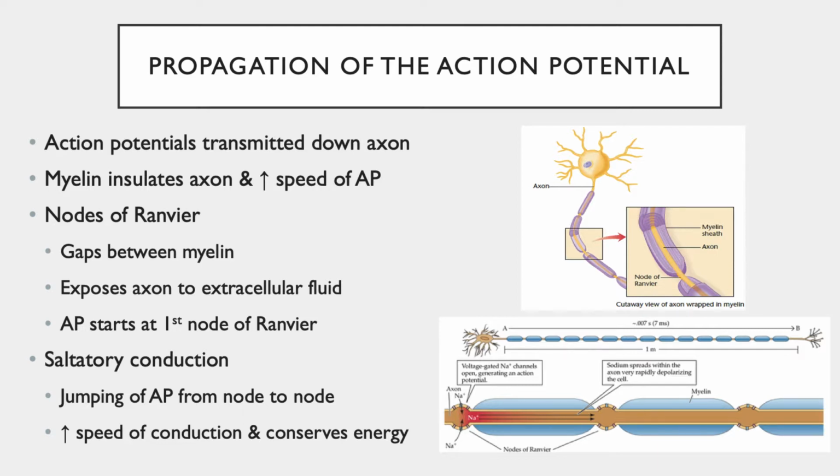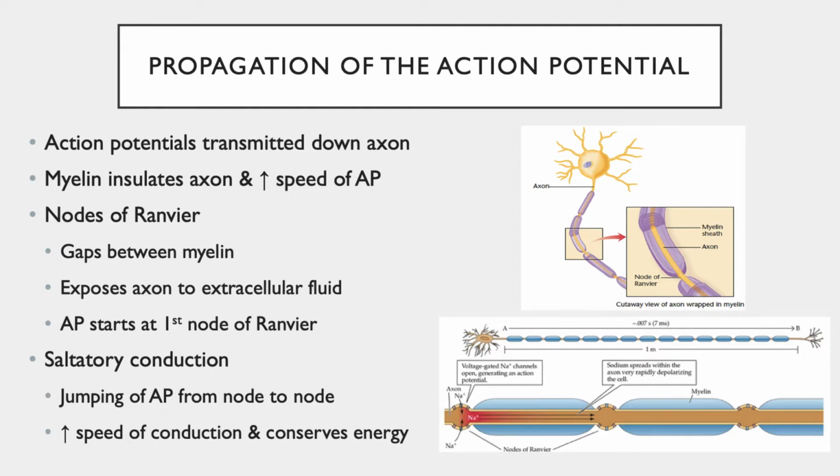You can think of the myelin around the axon as similar to the coating around an electrical wire. It helps protect that wire, and it also facilitates a more efficient route of communication so that the information can travel more quickly. It doesn't degrade as it goes. That coating really protects it.